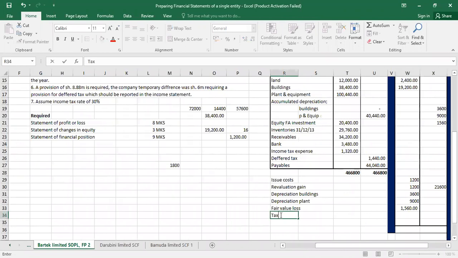The provision is a tax provision, obviously, because they say the company temporary difference was 6 million, requiring a provision for deferred tax, isn't it? So tax payable. So this one we credit because it's payable, not paid, isn't it? So it will be 8,880, because this one is in million and this one is in thousands. Then the corresponding debit will be the income tax expense here. So this one will debit the same amount.